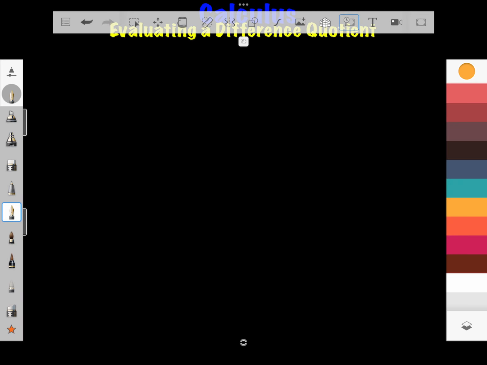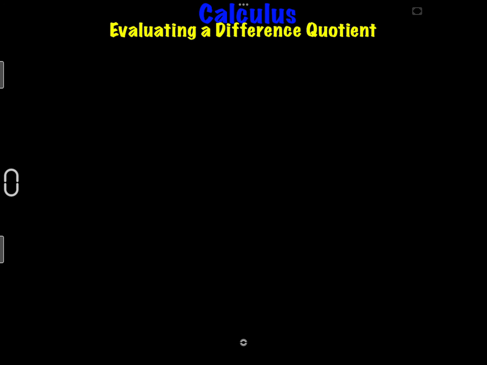So our function is f of x is equal to x squared minus 4x plus 7.